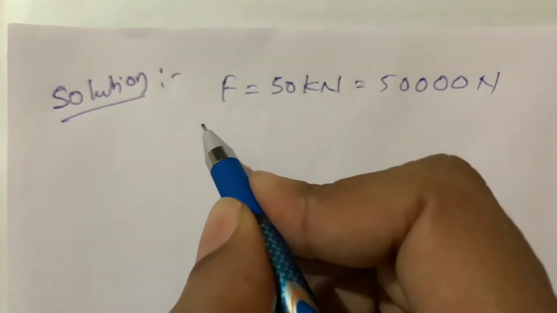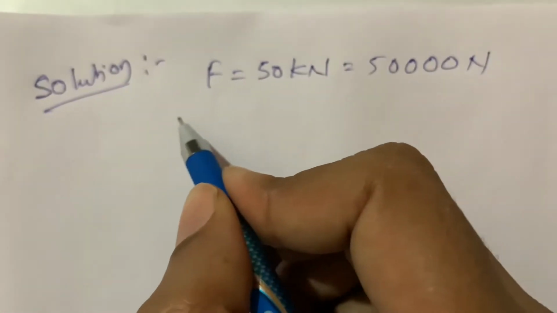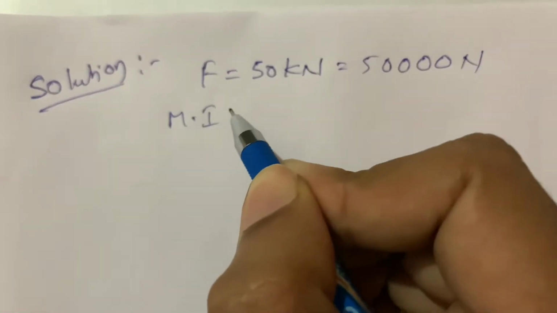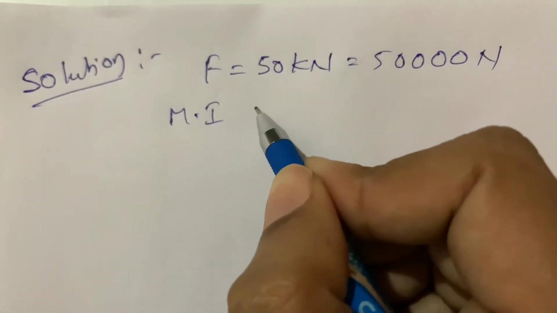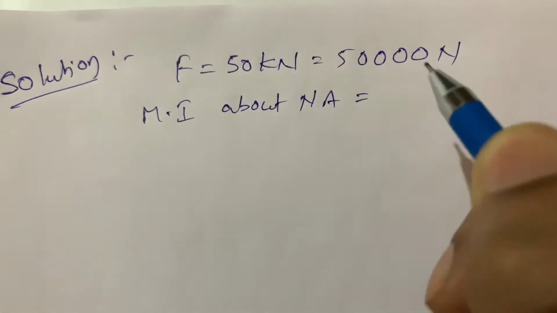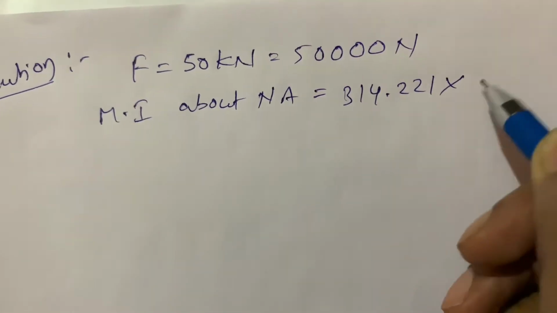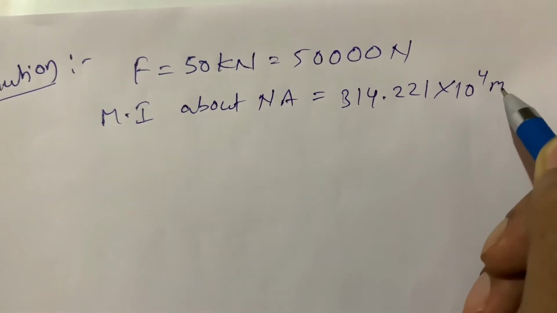And the moment of inertia about the neutral axis is given, that is 314.221 into 10 power 4 mm power 4.